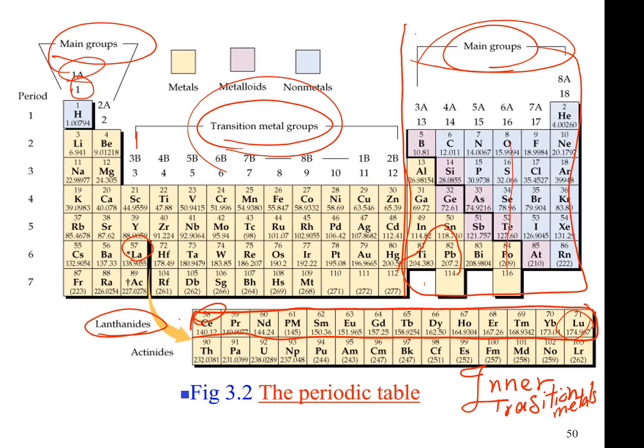The next row, atomic number 90. Is it fair to say 90 is the number after 89? And the name of element 89, actinium. So we call this second row actinides. So these are different parts of the periodic table.